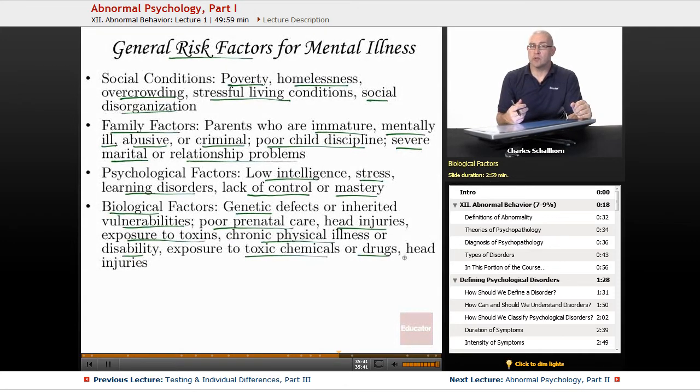Some people, because of their brain vulnerabilities, will take LSD and not come back from a bad trip. Some people will take ecstasy, and because of the way that affects the serotonin producers and receptors in the brain, they will no longer be able to experience happiness and will go into a lifelong depression, and it can create problems for them. And so, exposure to toxic chemicals or drugs.